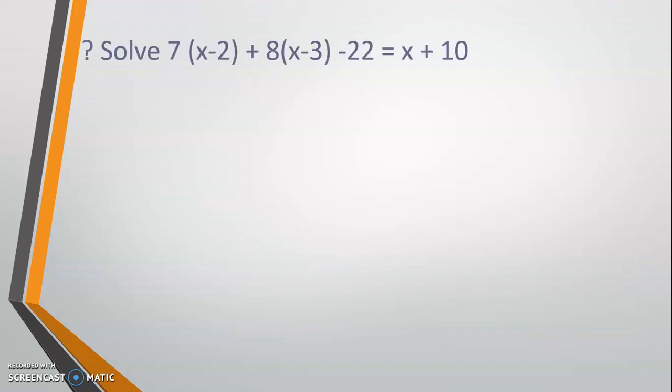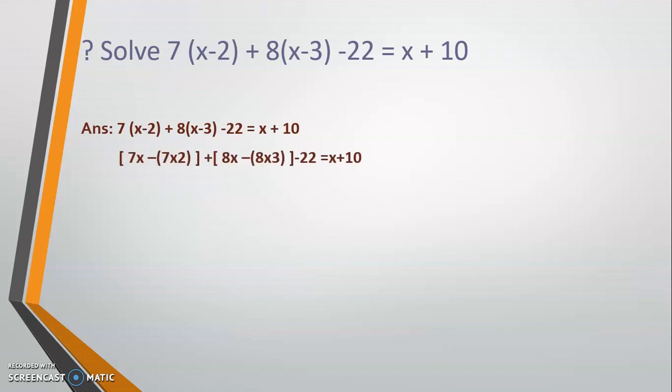Next problem is 7 into x minus 2 plus 8 into x minus 3 minus 22 equals x plus 10. To solve this, first open the brackets. That is 7 into x is 7x and 7 into 2 is minus 14, plus the next term 8 into x is 8x, minus 8 into 3 is 24, minus 22 equals x plus 10.